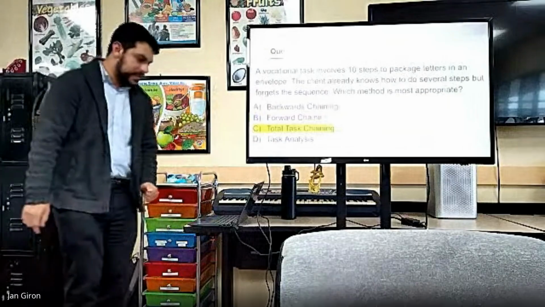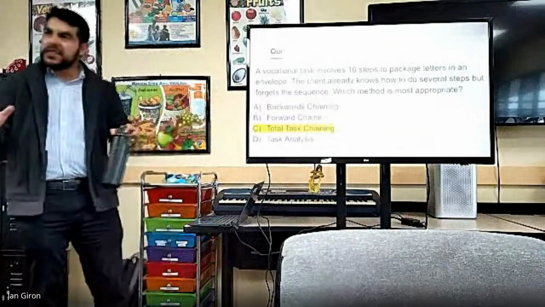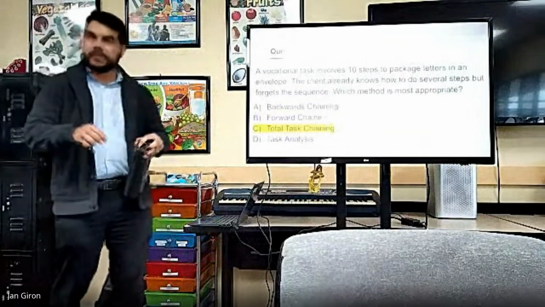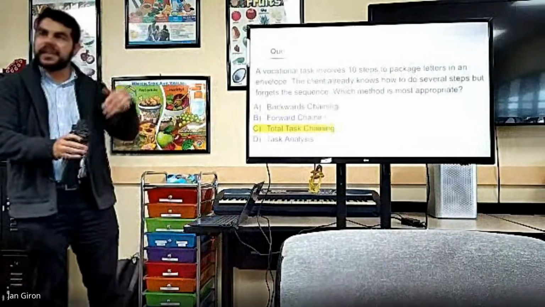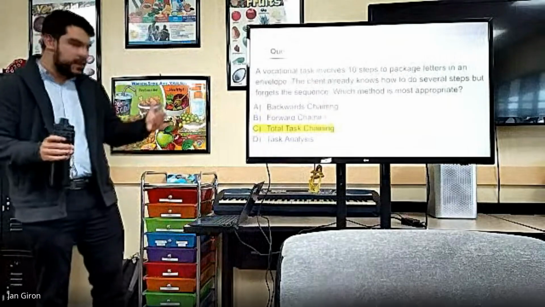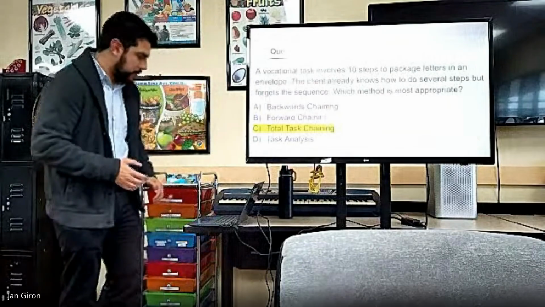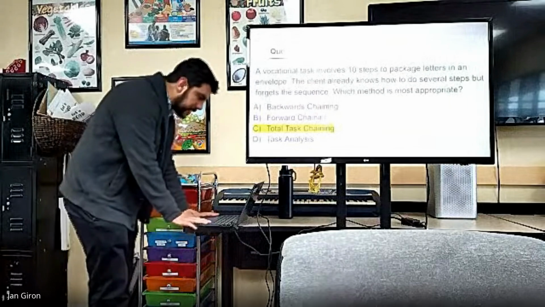Total task. The client already has a good gauge as to the 10 steps required to open the envelope, put the letter in, and then seal it. Then they probably just need a few reminders here and there for them to fully get the skill down.